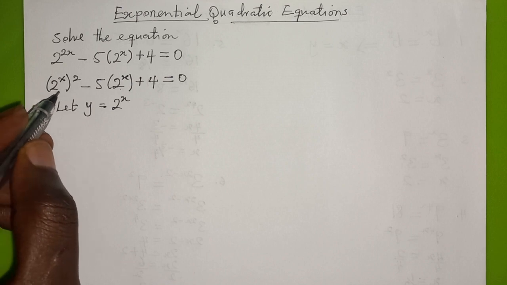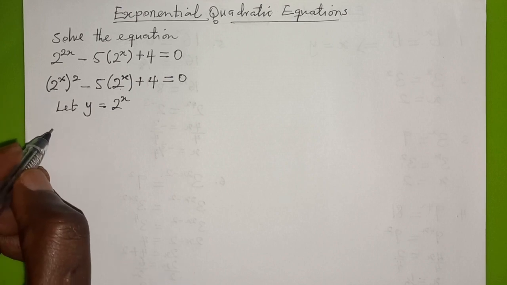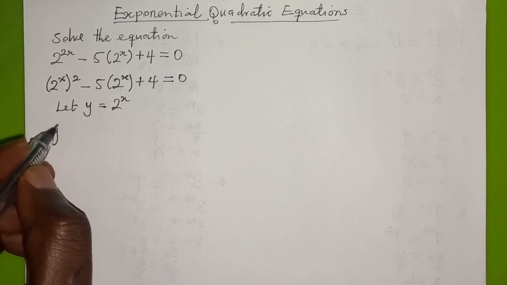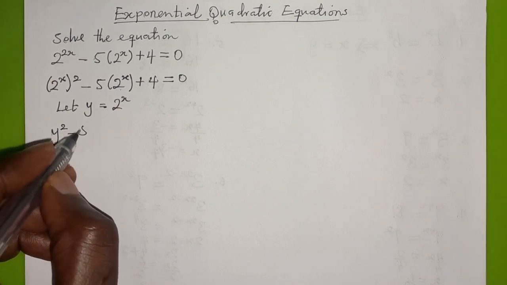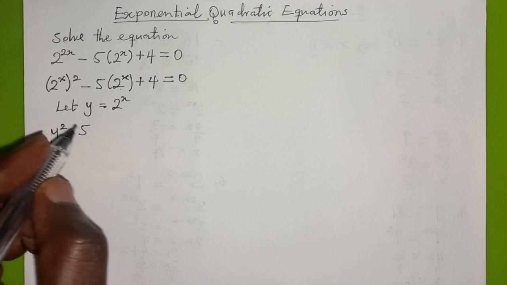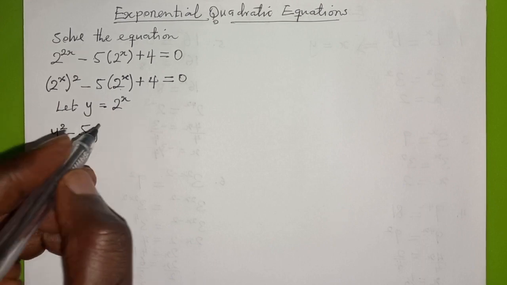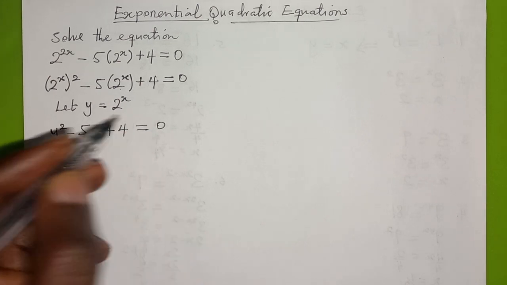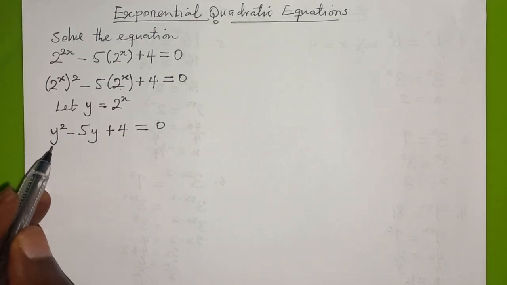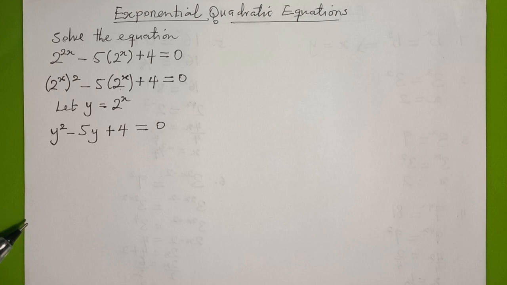So this will become, in this bracket, this will be y, and the square would come minus 5. This bracket will be y plus 4 is equal to 0. So this is just looking like a quadratic equation.